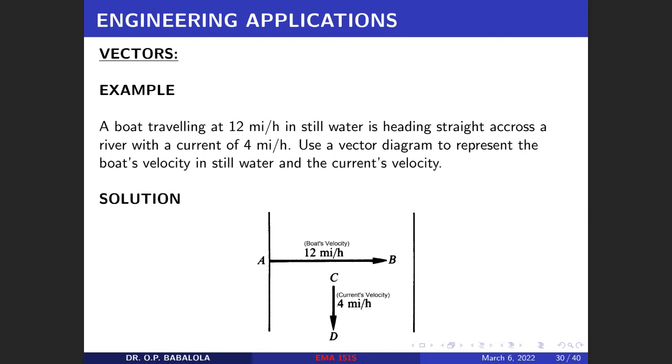The river has a current of 4 miles per hour, and the boat is traveling at this speed per hour. So tell me, what would be the effect of the current on the speed of the boat?